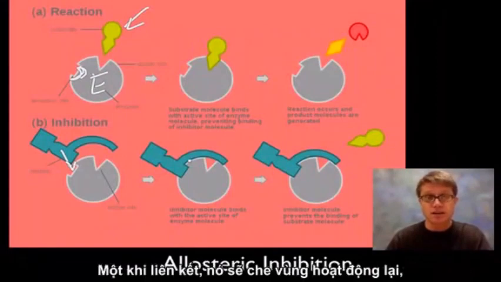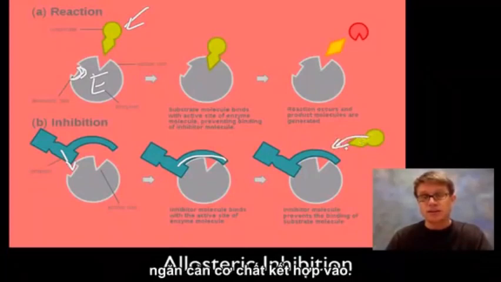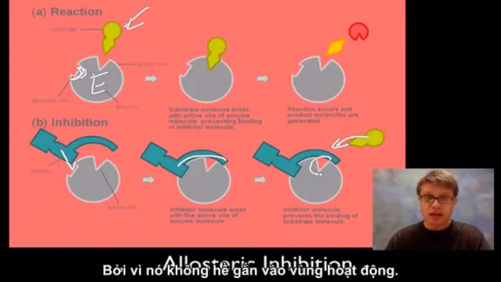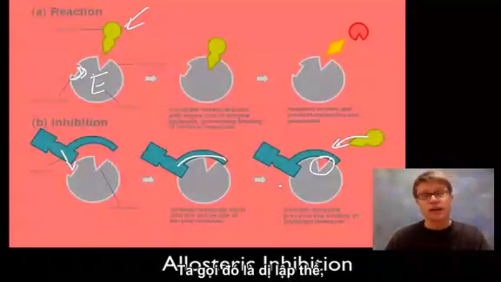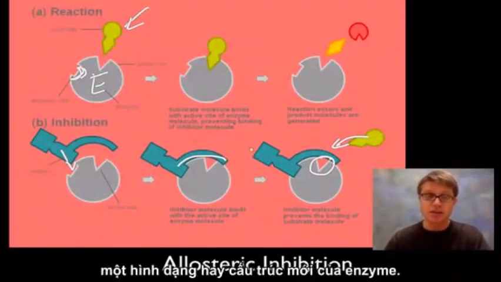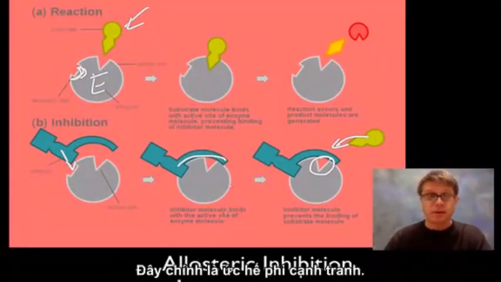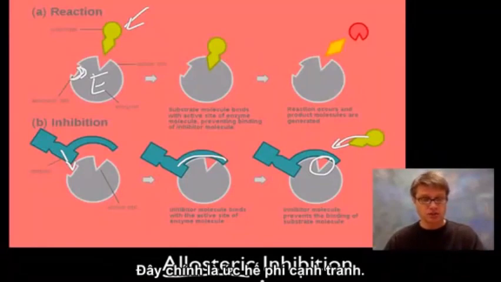When it bonds there, it's covering up the active site, and so there's no way that the substrate can fit in. But since it's not actually bonding to the active site, we call that allosteric. Allosteric means different shape, or different shape of the enzyme. So that's a type of non-competitive inhibition.